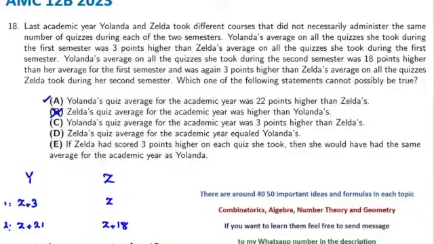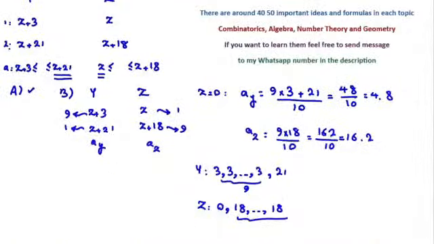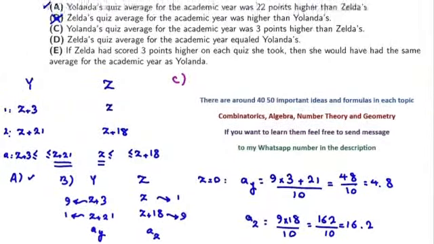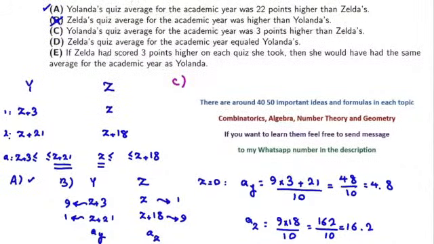Now let's check C. It says Yolanda's quiz average for the academic year was 3 points higher than Zelda's. Okay, so for C, let me write this in another color. If we have 1 from this and 1 from this, and Z, for example, equals 1.